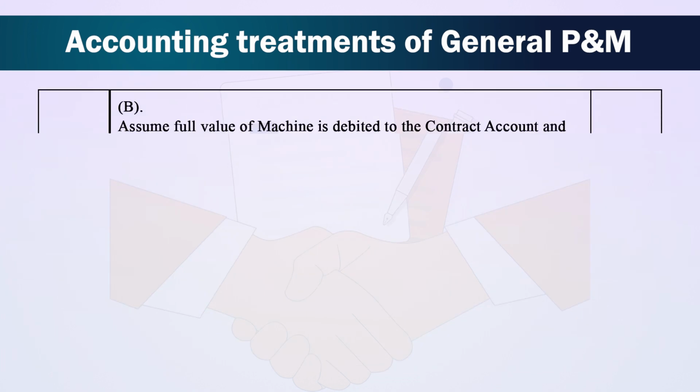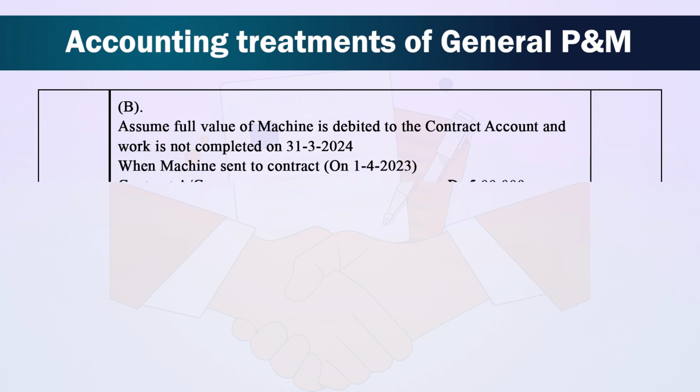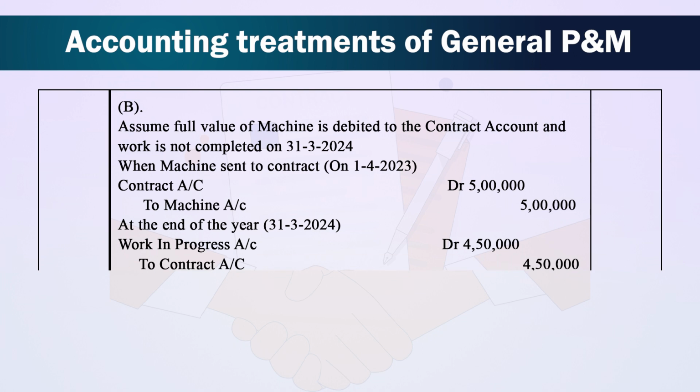Let us understand the second part. Assume the full value of the machine is debited to the contract account and work is not completed on 31st March 2024. When the machine is sent to the contract on 1st April 2023, the entry is contract account debit rupees 5 lakh to machine account rupees 5 lakh.